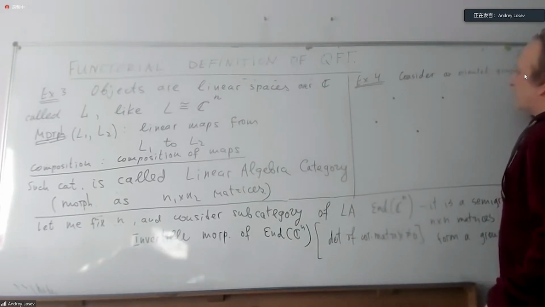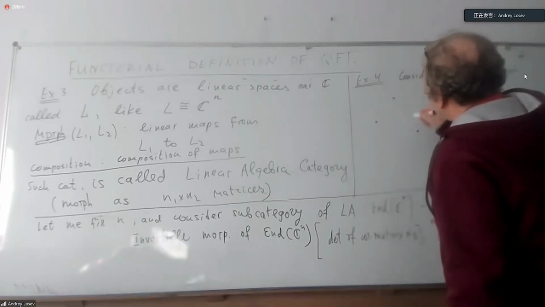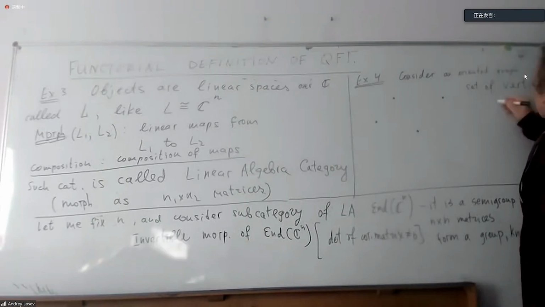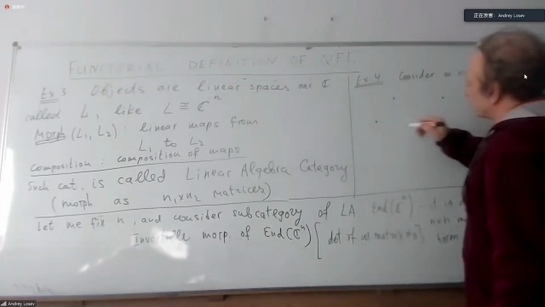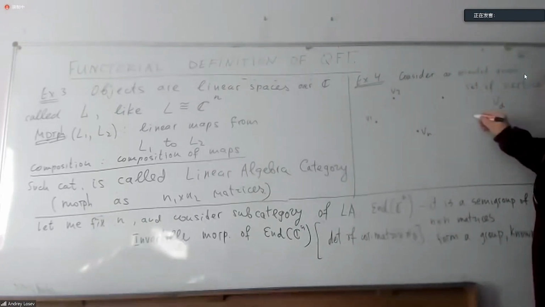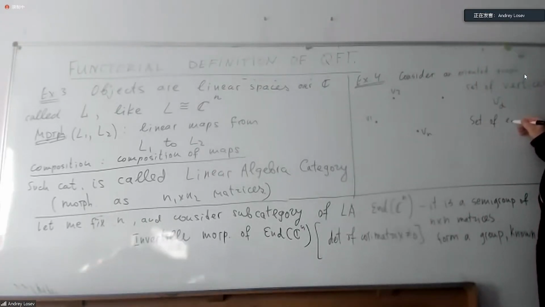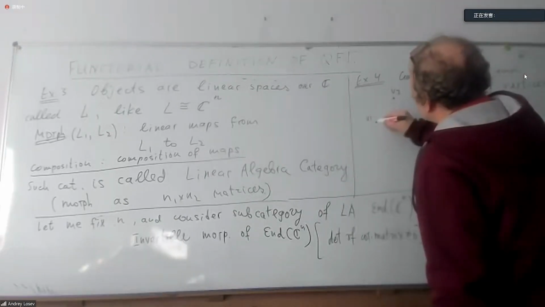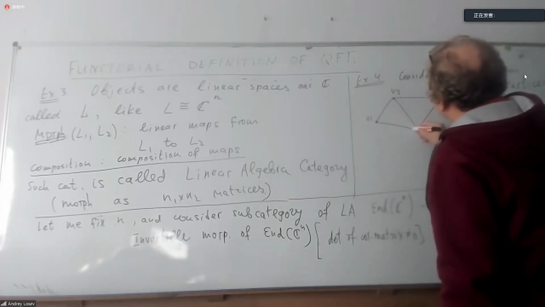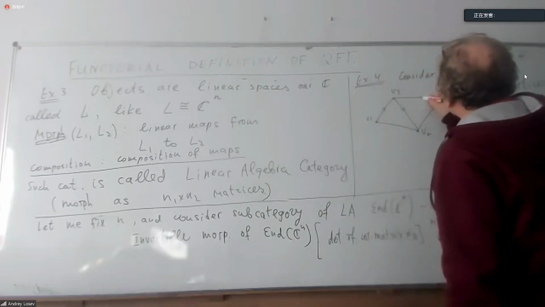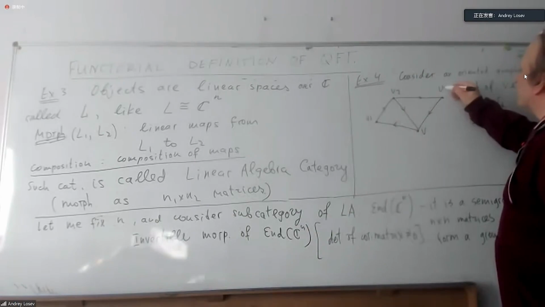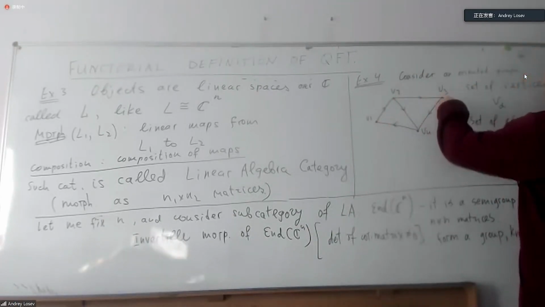So we know what a graph is: a set of vertices that I call V_alpha, V1, V2, ..., Vm, and also a set of edges. Let me consider the following graph as an example: V1, V2, V3, V4.